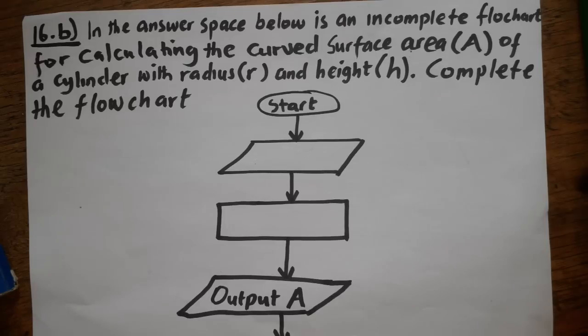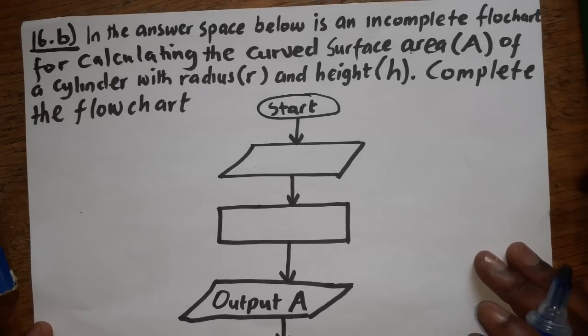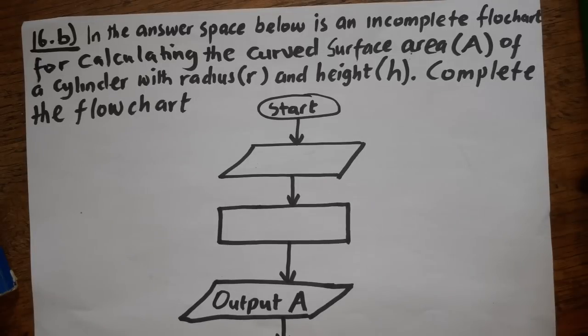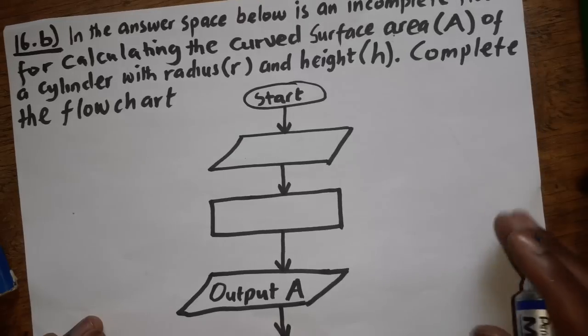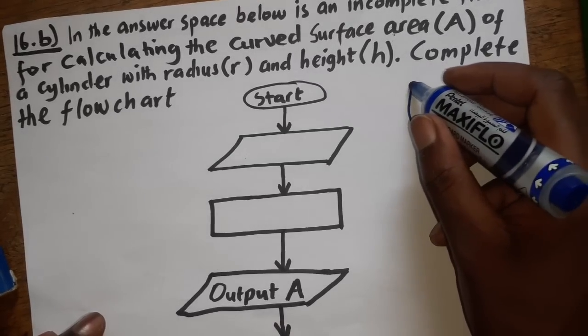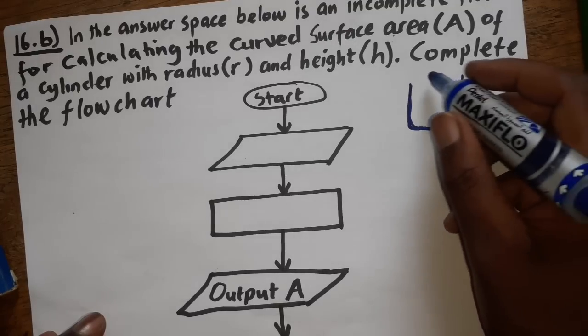Okay. So we want the curved surface area of a cylinder, isn't it? So you need to know the curved surface area of a cylinder, like the formula. Okay? The formula. All right? So we have, for instance, this is a cylinder, isn't it?